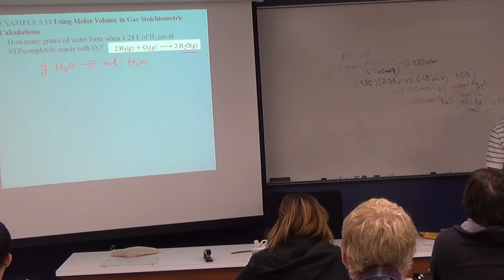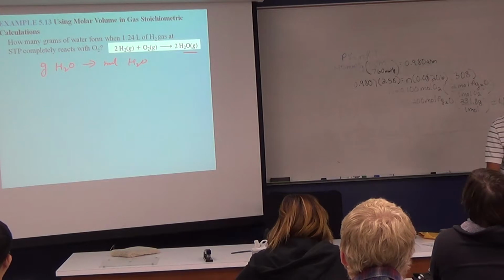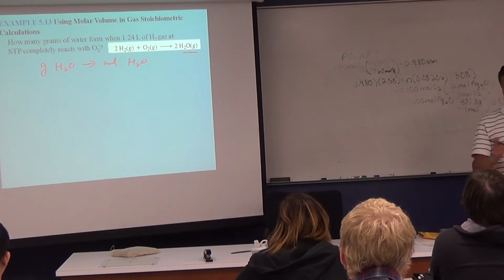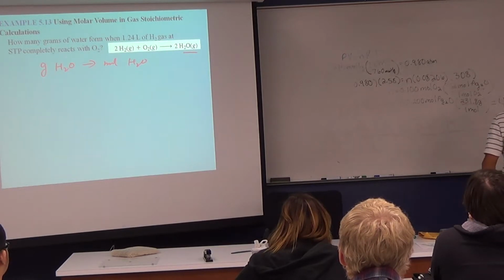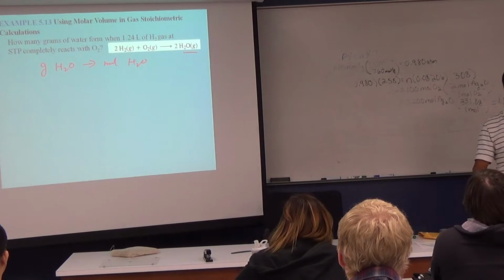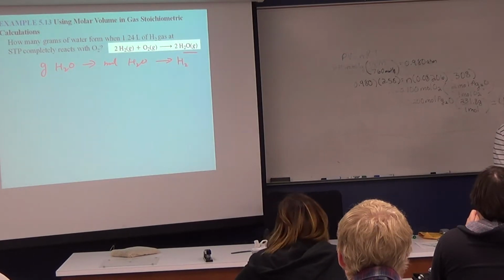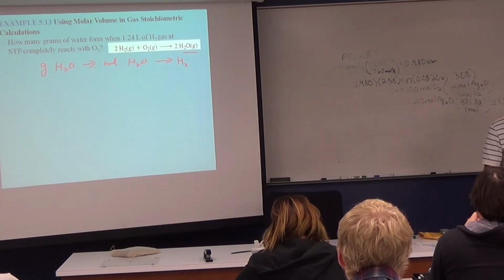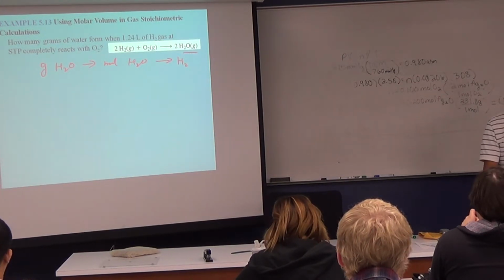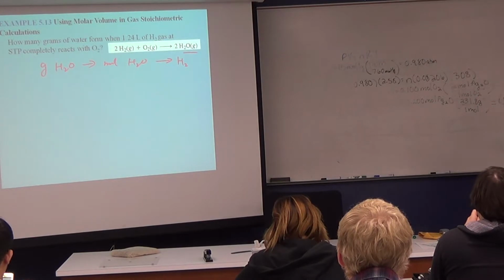What you want to know is the moles of H2O. Now how can you get the moles of H2O? If you have the grams of H2O, you divide by the molar mass. If H2 is a gas and you know the pressure and temperature, you can get that too. But here you probably want to get the moles of H2O from the moles of H2. That's our conceptual plan. So what do we do?